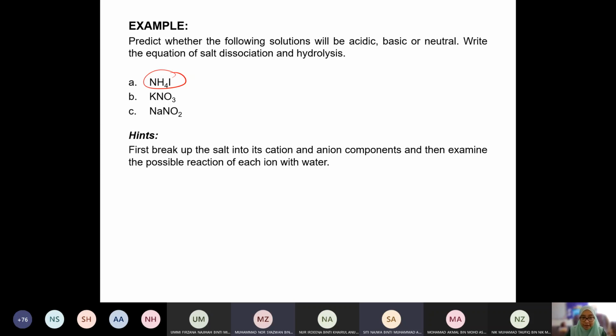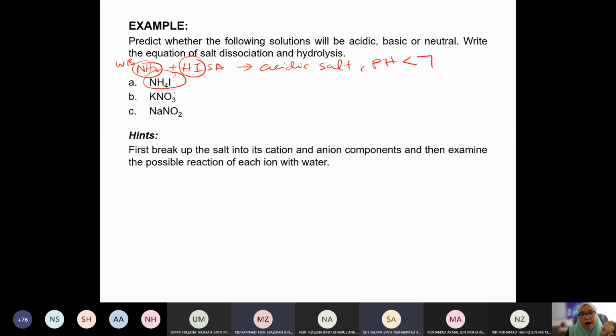So our prediction is between NH3 and HI. HI is a strong acid, NH3 is a weak base. Strong acid versus weak base, so what salt will it produce, guys? Acidic. It will produce an acidic salt. That will be our prediction, which means the pH should be less than 7.